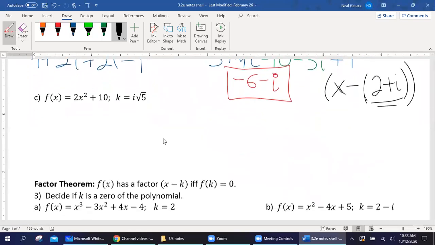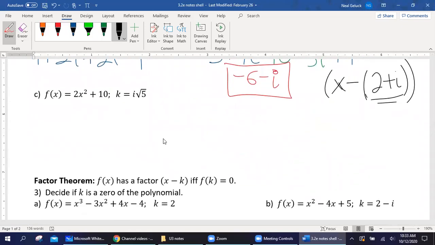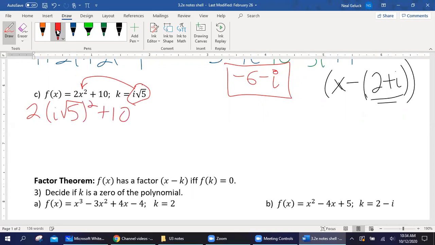For letter C, I'm plugging in i root 5 for x. This would be 2 times (i root 5) squared plus 10. Okay, what exactly do I do with that? Well, i squared is -1.